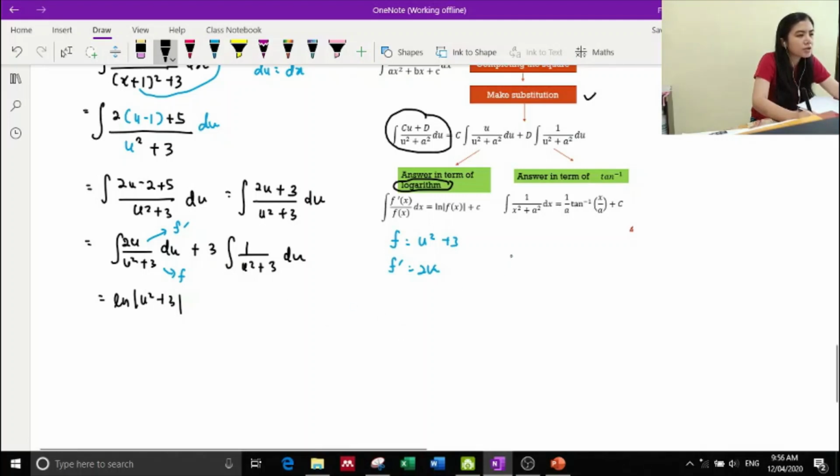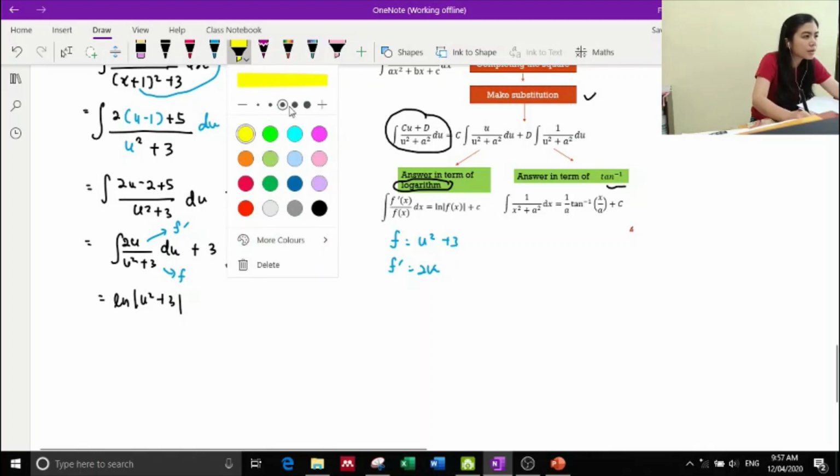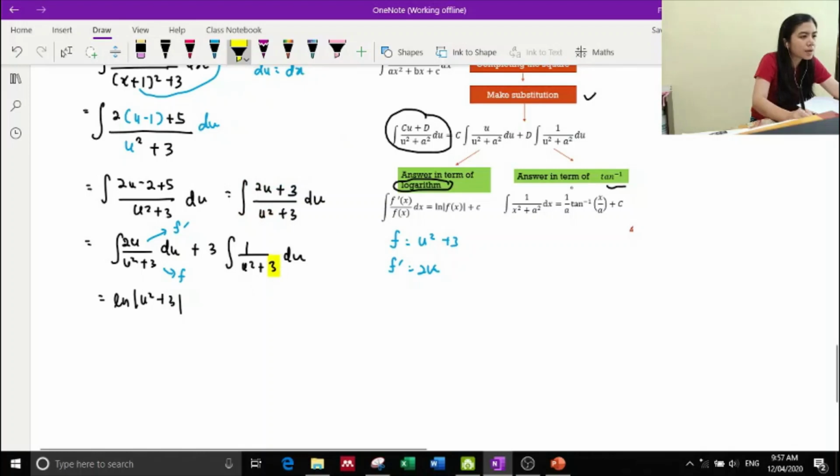Now let's look at the second integration. For the second integration, we're going to have the answer in terms of tangent inverse. So you have to think of the a squared form here, because we want to use that formula. So what is our a squared?